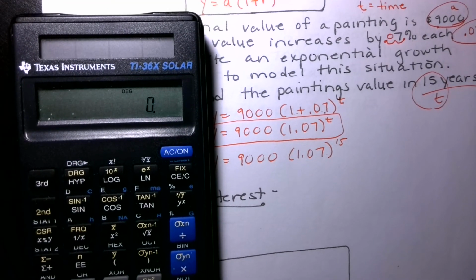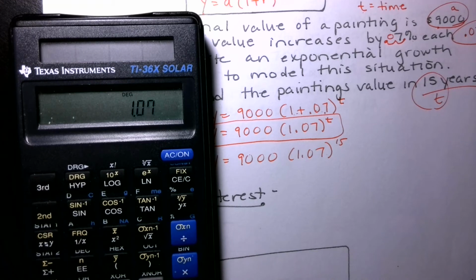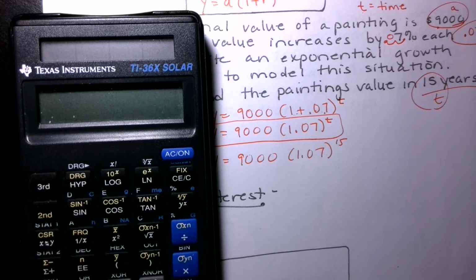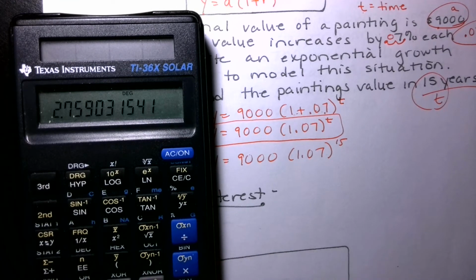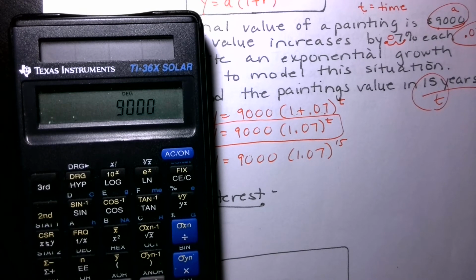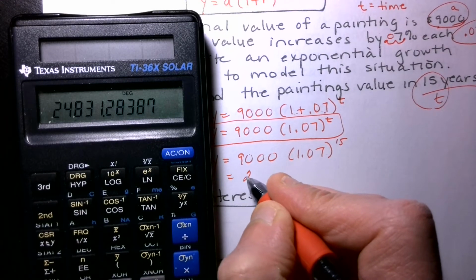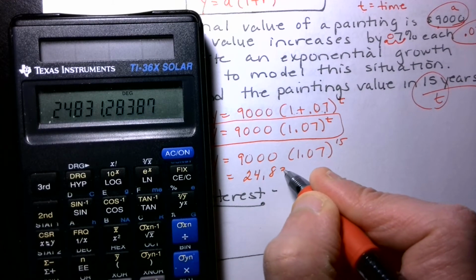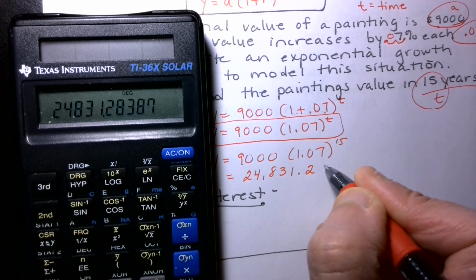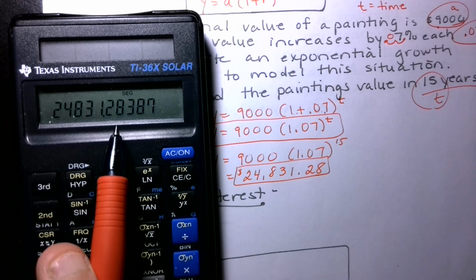So we put the 1.07, use your y to the x button, find it on your calculator, raised to the 15, equals, then multiply it by 9,000, equals. And I got $24,831.28. Whenever it's money, always go out to the cent, which is the hundredths.